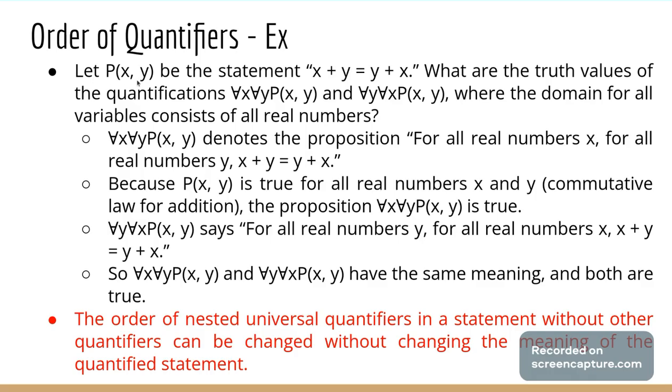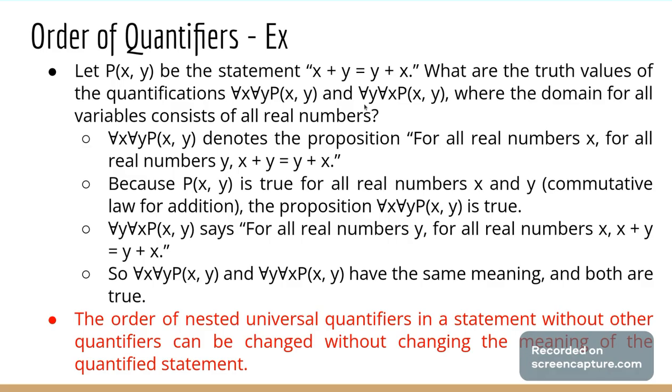Let P(x, y) be the statement x plus y is equal to y plus x. What are the truth values of the quantification for all x for all y P(x, y), and for all y for all x P(x, y), where the domain is real numbers? We know that for all real numbers x, for all real numbers y, x plus y must be equal to y plus x.